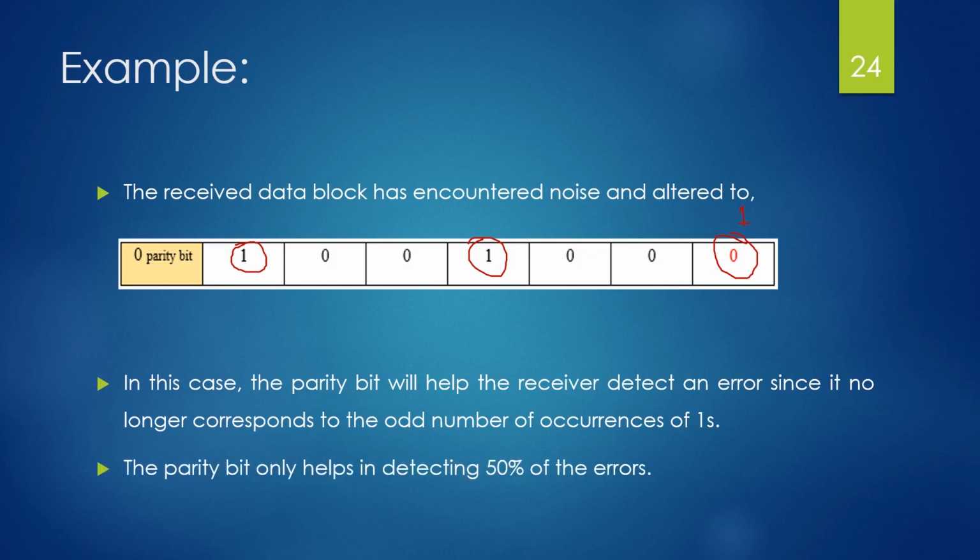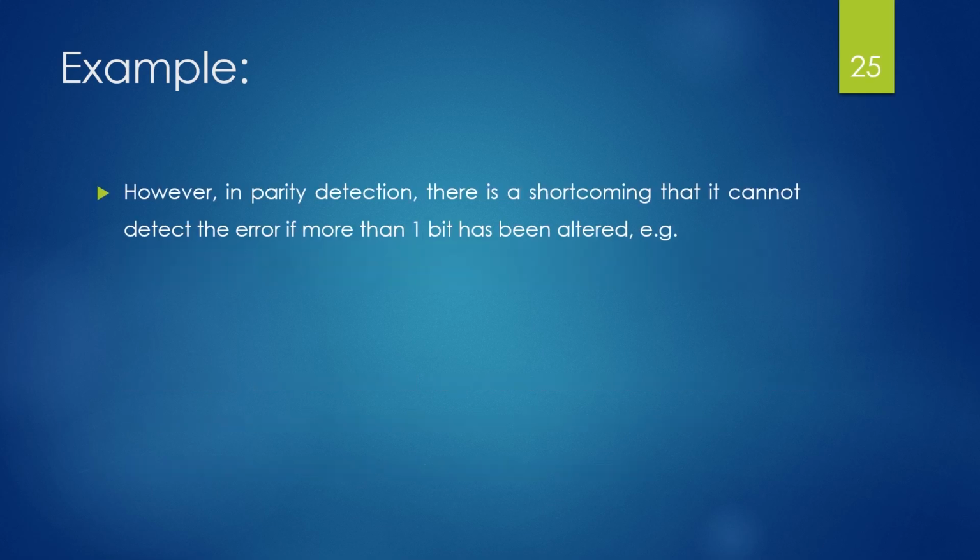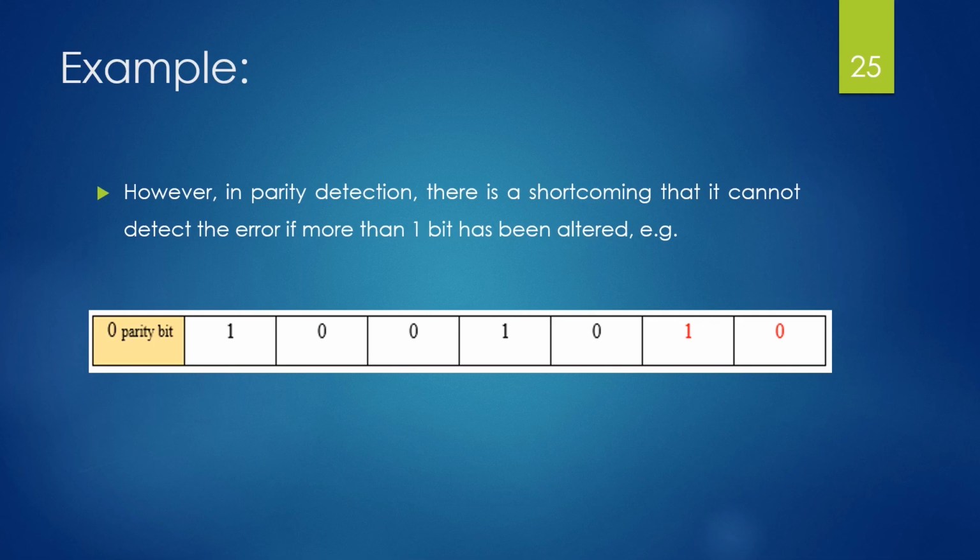The parity bit only helps in detecting 50% of the errors. However, parity detection has a shortcoming: it cannot detect the error if more than one bit has been altered. As you can see here, the last two bits should have been 0 and 1.